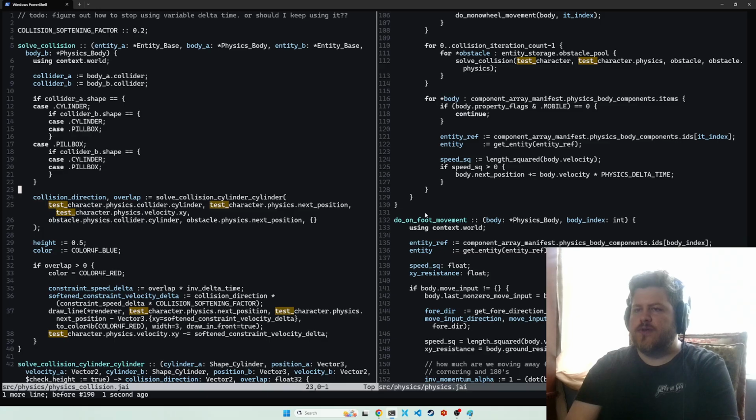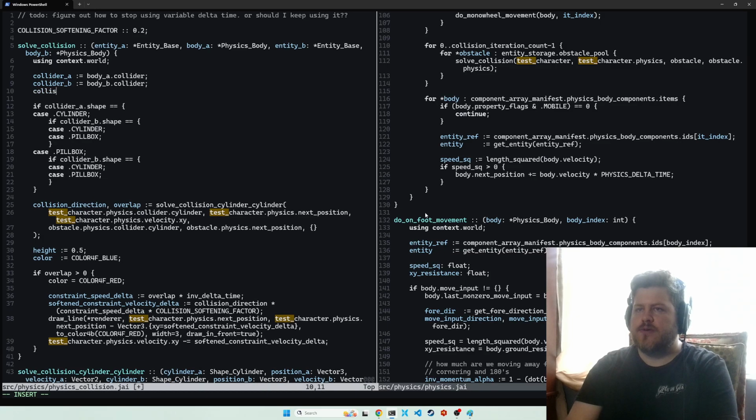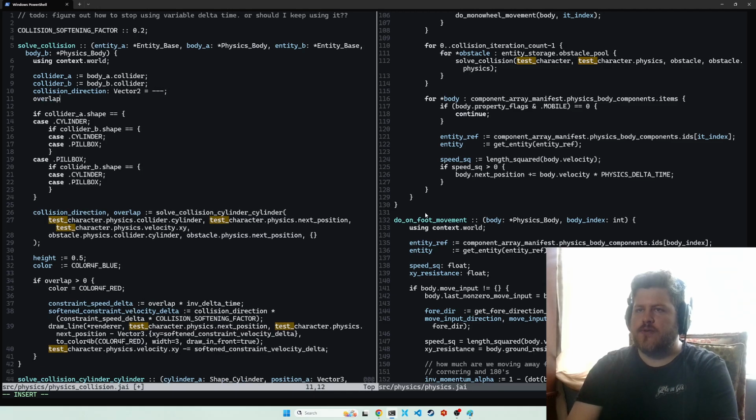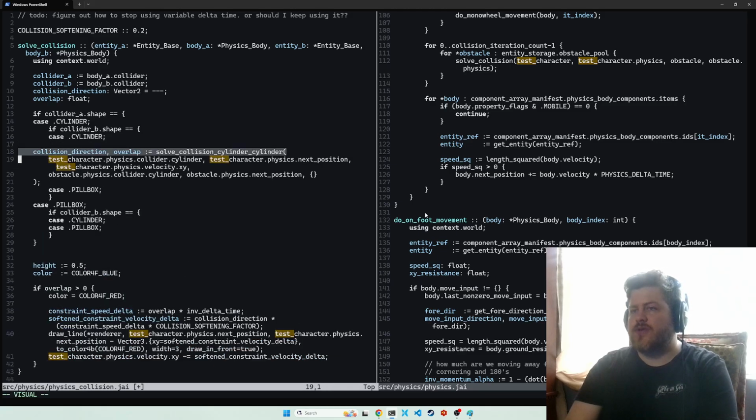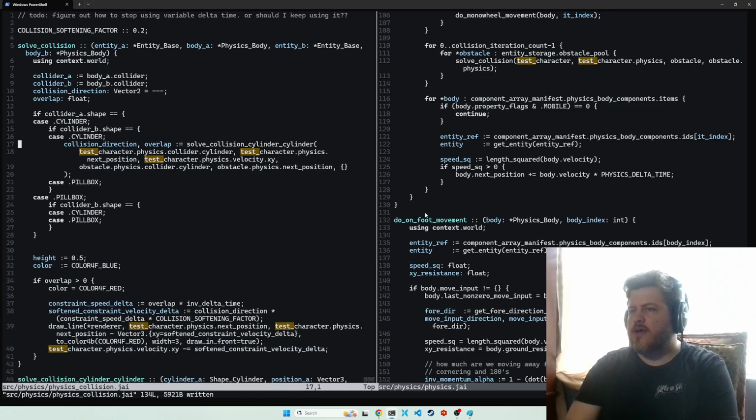In this case, let's see, collision direction overlap. Collision direction is a vector 2. And overlap is a float. Right. And it's going to be default 0. If they're both cylinders, they're going to solve collision cylinder. Isn't that crazy? Okay.